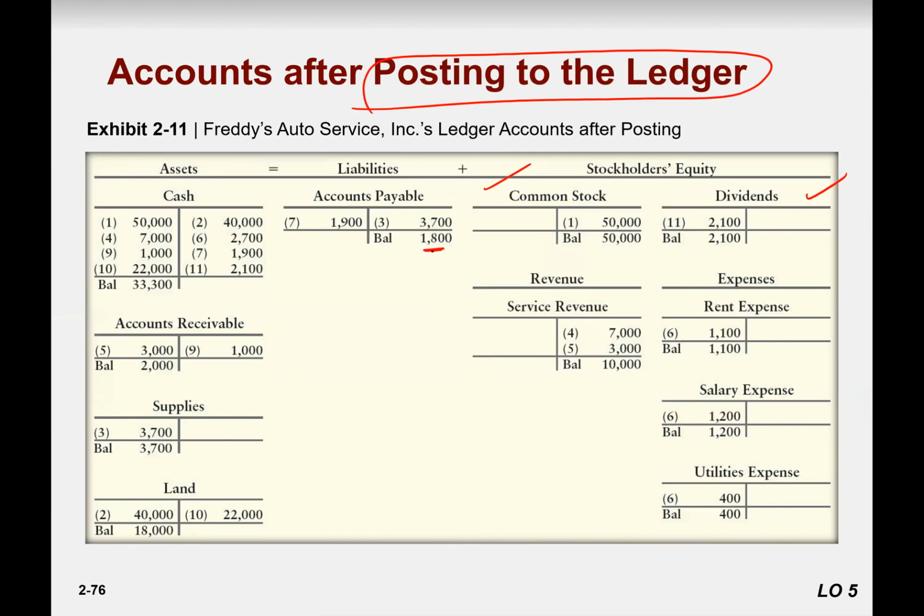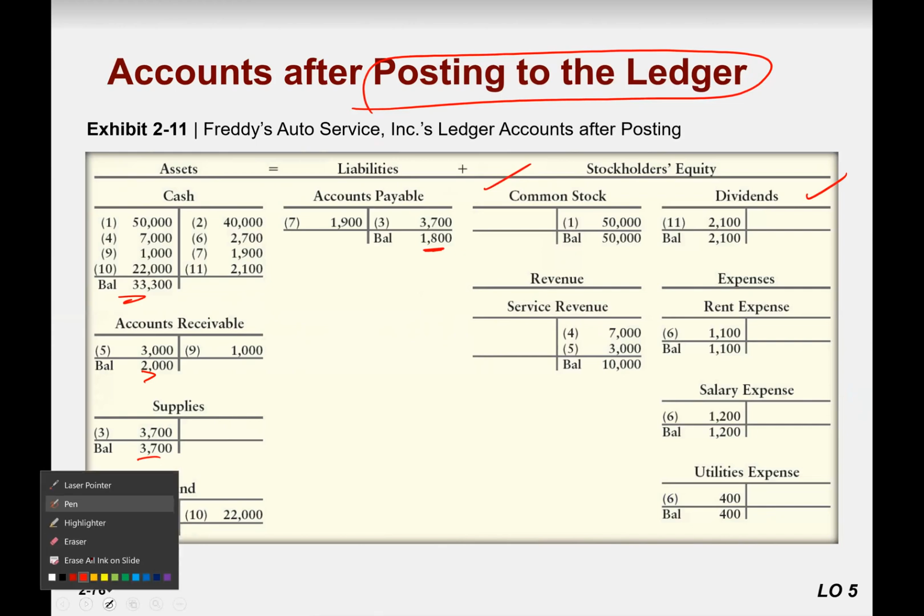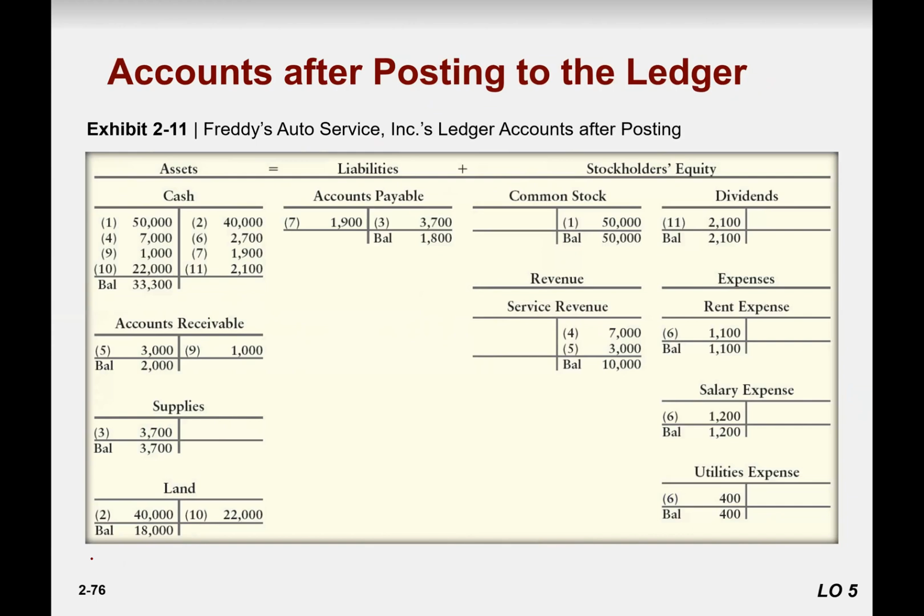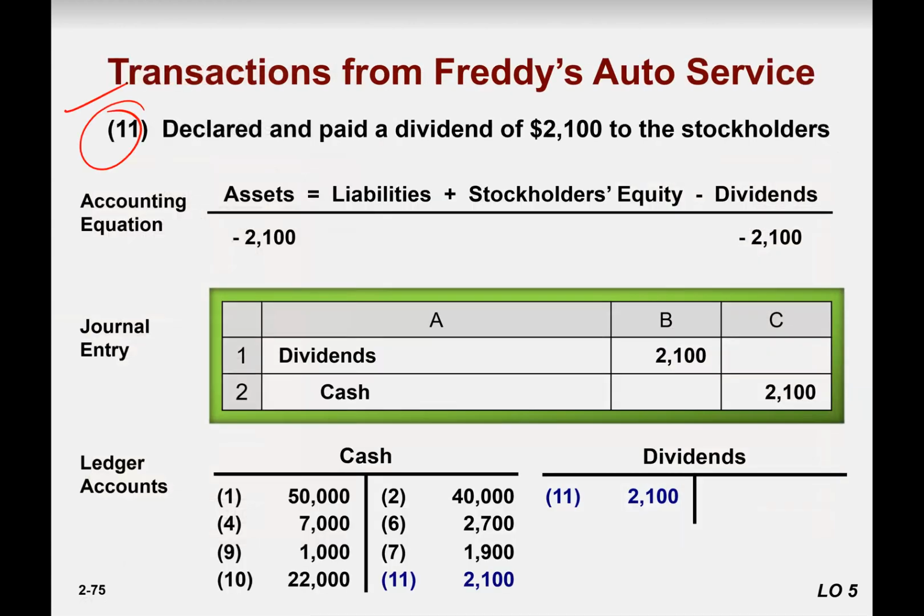You see this balance, this balance, this balance, right? Where does this come from? We call this closing the account. We already finished all the entries, 11 entries we finished. And then we call this closing the accounts.